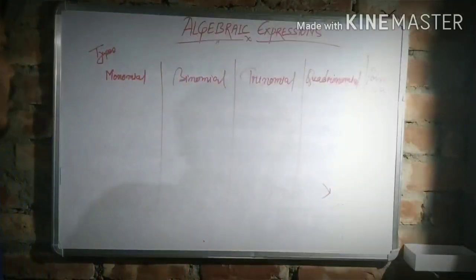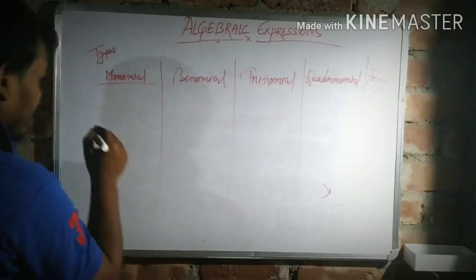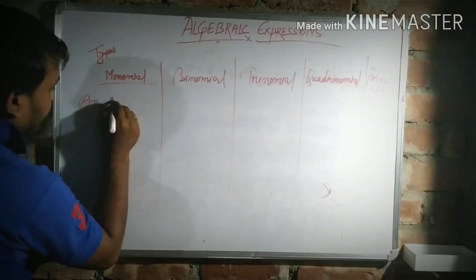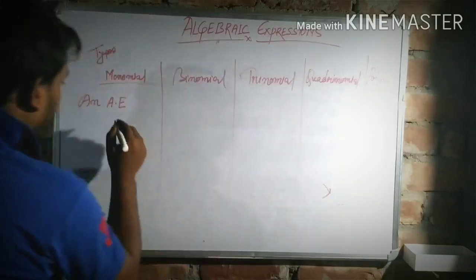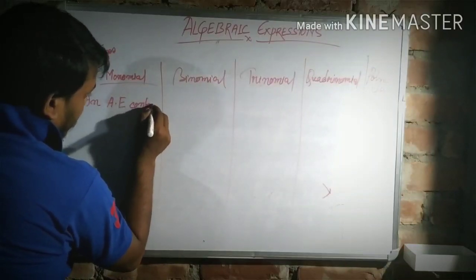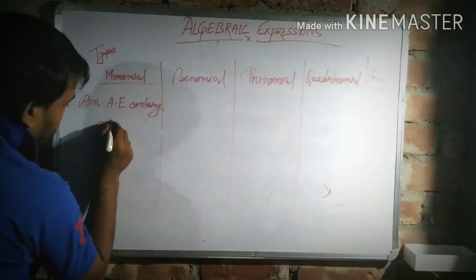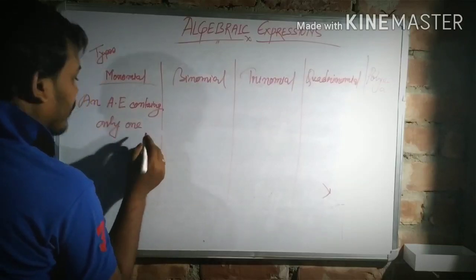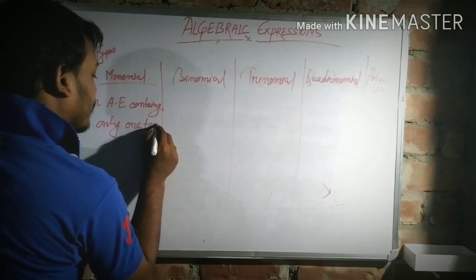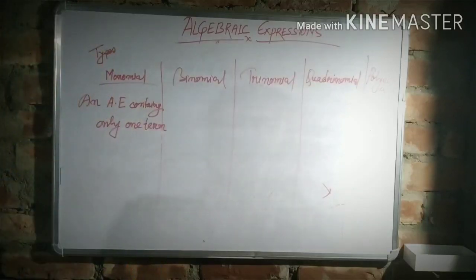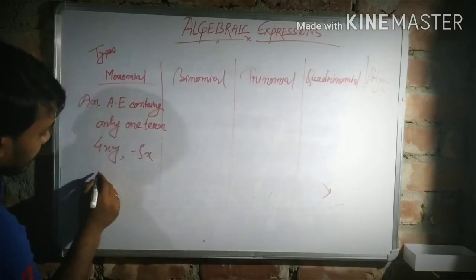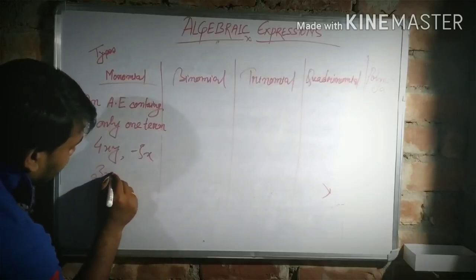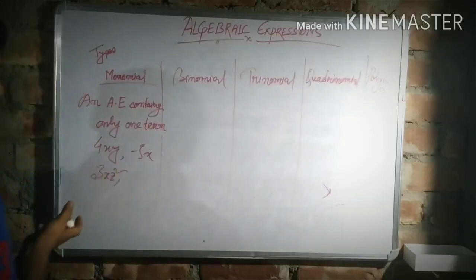Okay. So what is a monomial? An algebraic expression containing only one term is called a monomial. For example, 4xyz is only one term, minus 5x is one term, 3xz² is one term. So these are monomials.